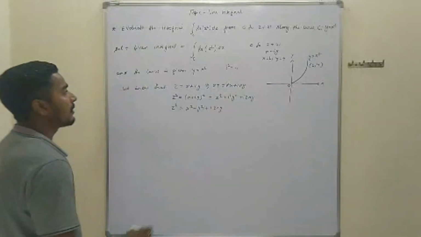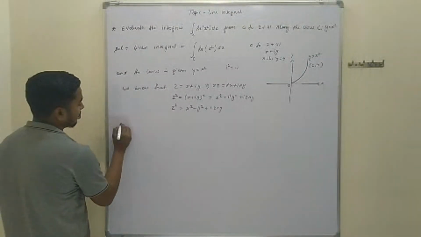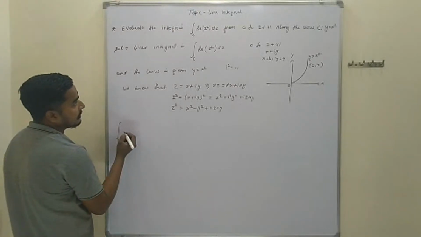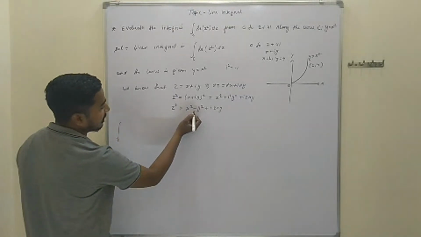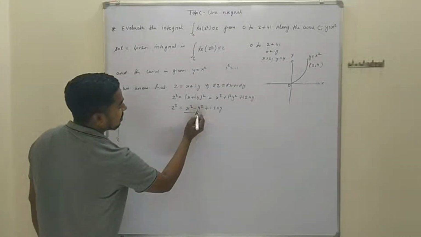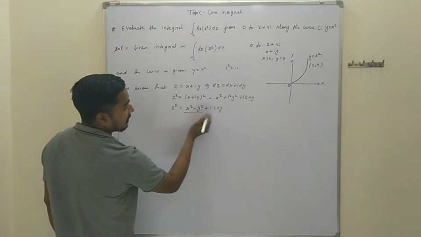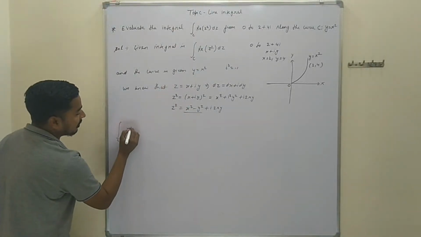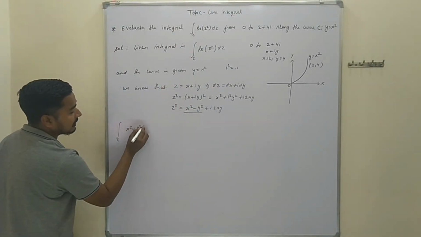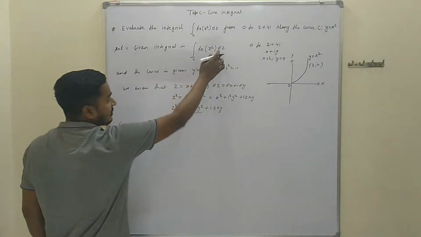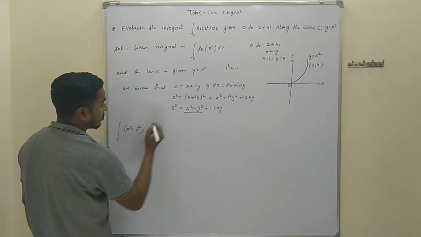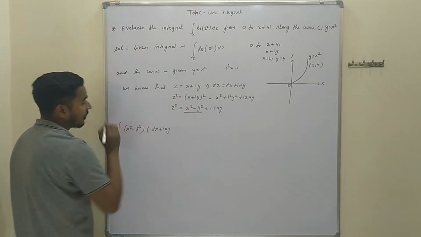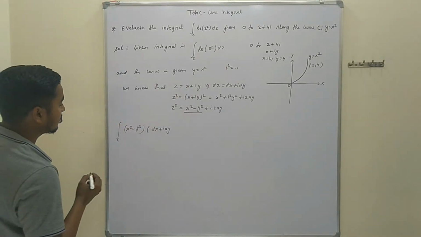The given integral becomes the closed integral over C of the real part, this is the real part and this is the imaginary part. We consider only the real part, so we write x squared minus y squared, and in place of dz we put dx plus i dy, and further we solve.